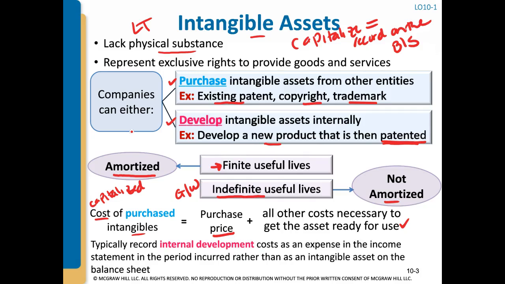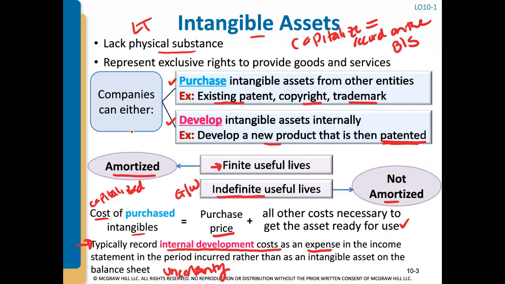And then this last bullet point right here is internal development cost. Internal development, meaning when we incur cost to internally develop an asset, those items are typically expensed on the income statement in the period that they're incurred. And that's usually because there's uncertainty, right? There's uncertainty as to whether there will be future benefit from that development.